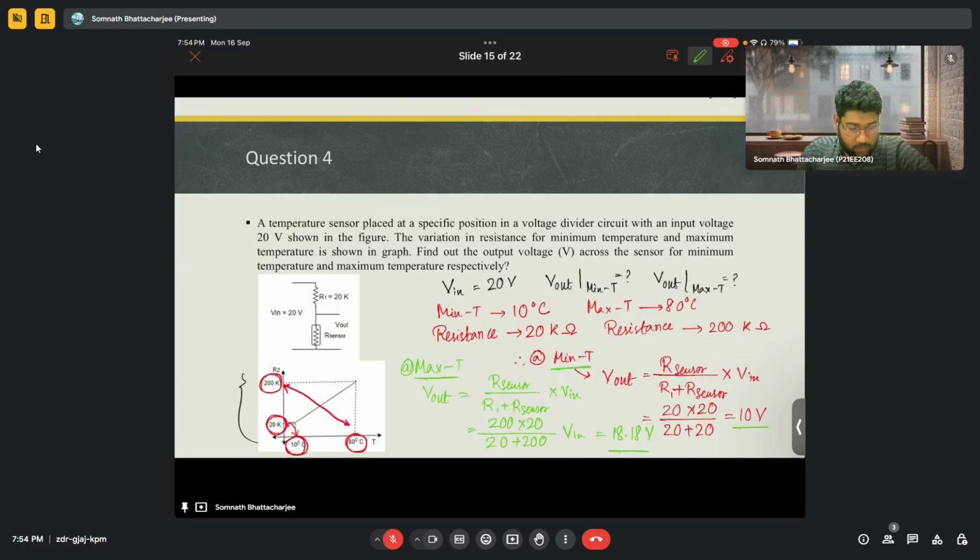So at the maximum temperature, the maximum voltage will be 18.18, while at the minimum temperature, the voltage will be less. So your V output will be in the range of 10 volts to 18.18 volts. Okay, so this will be the value.